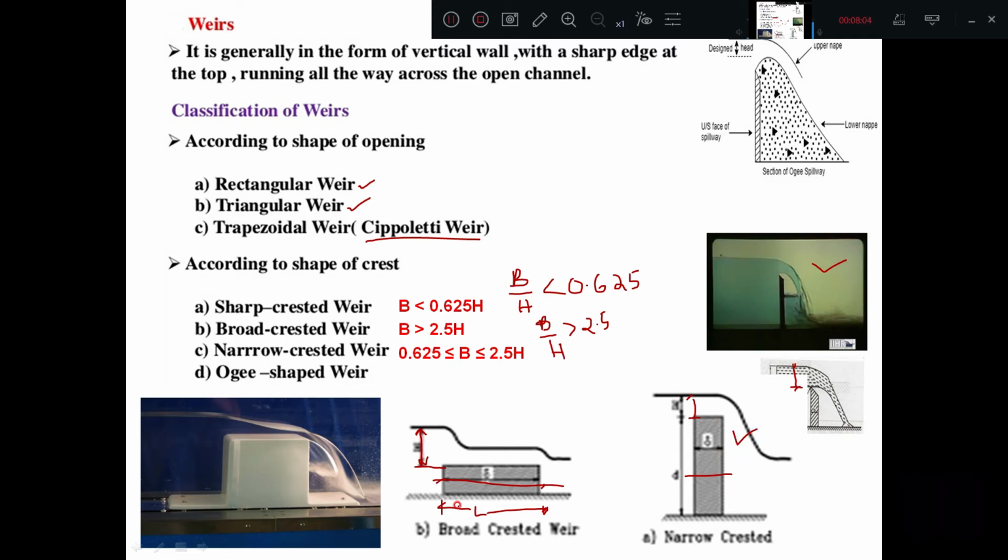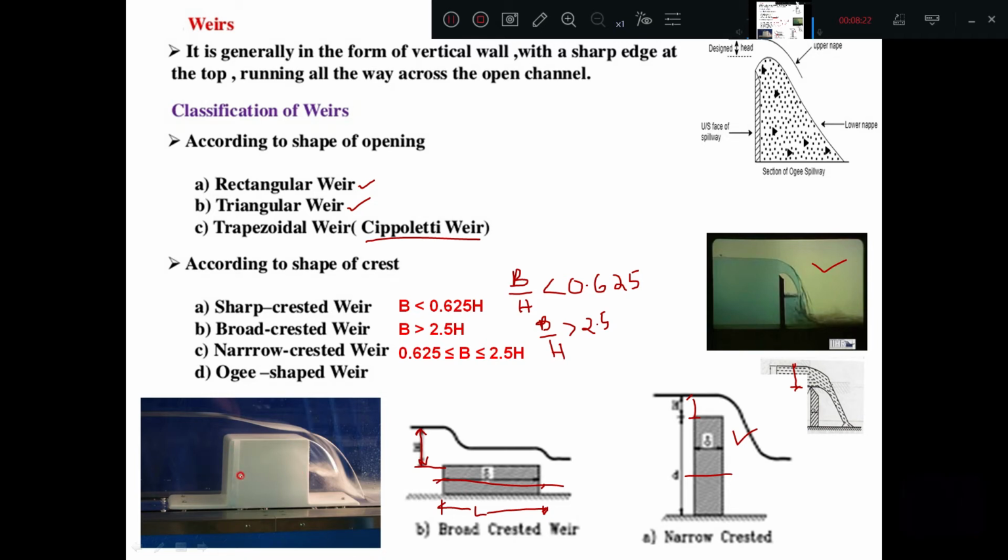If the crest is broader and wider, that type of crest is called a broad crested weir. Just look at the picture here. This indicates the broader or wider crest, so it is called a broad crested weir.